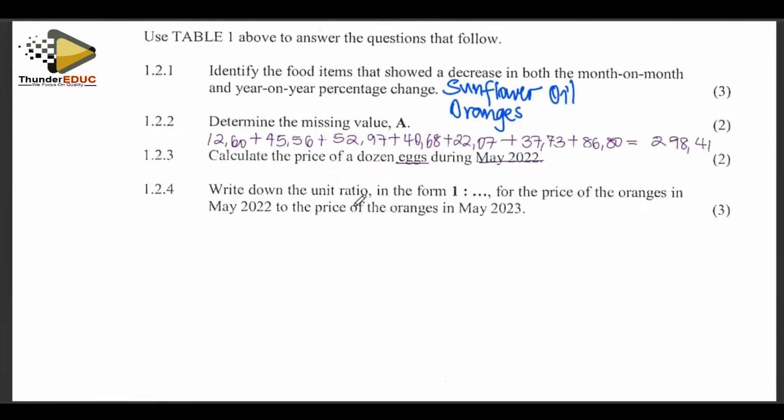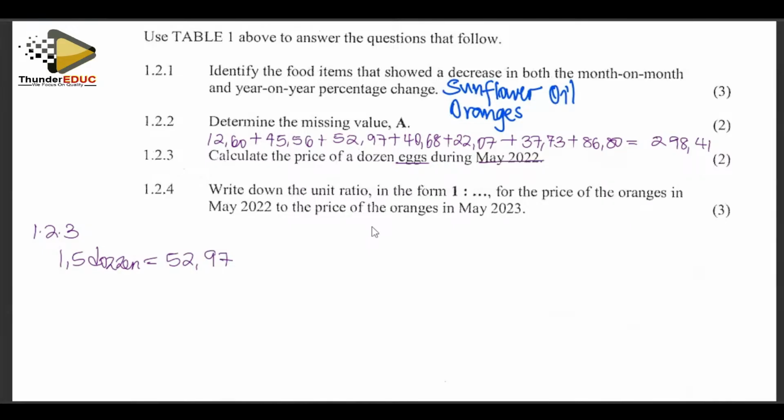All right, allow me to do this. If 1.5 dozen was 52 rands, 97 cents.